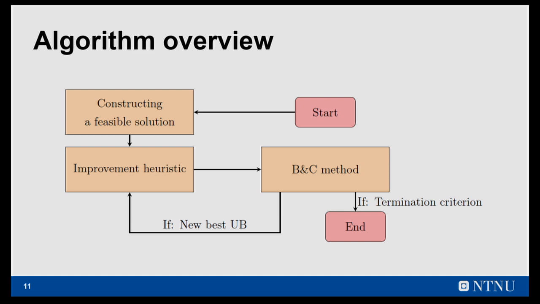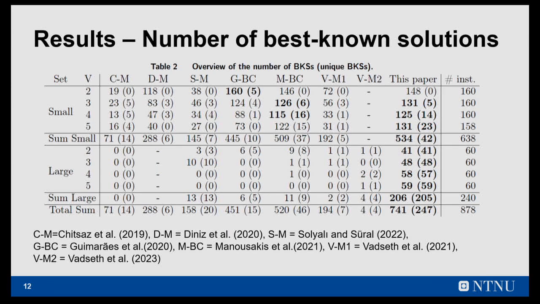And if the branch and cut method finds a better solution, we pass it back to the improvement heuristic to see if we can find any further improvements.